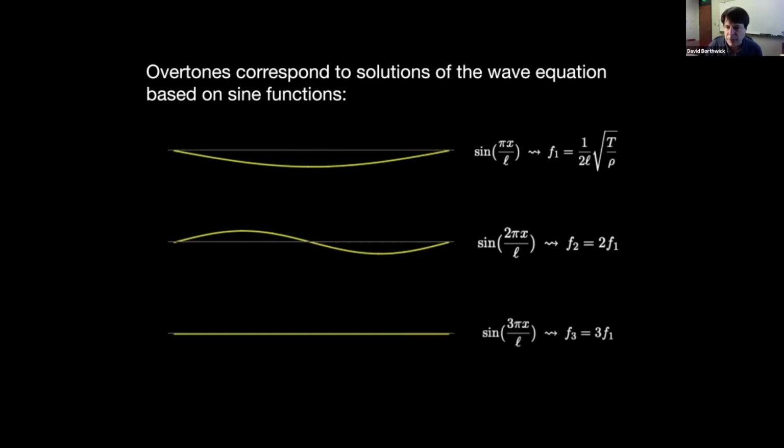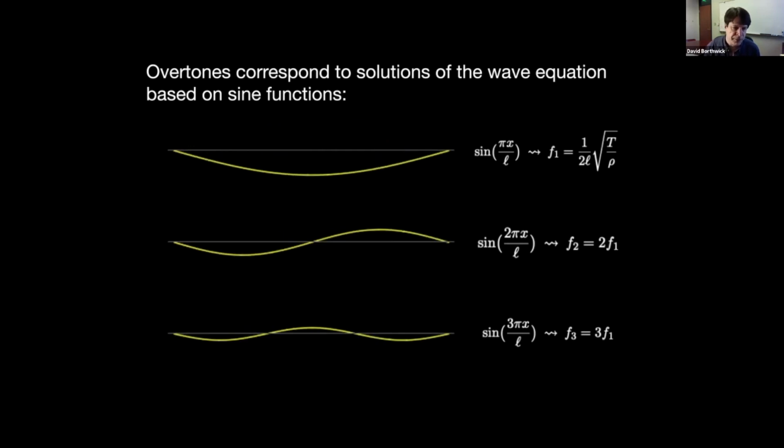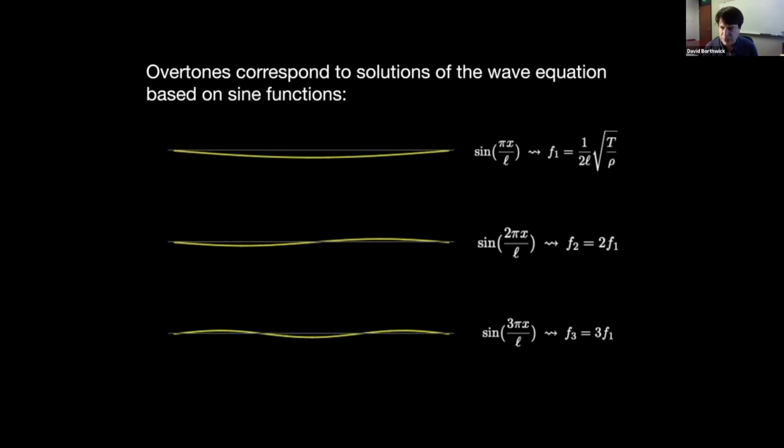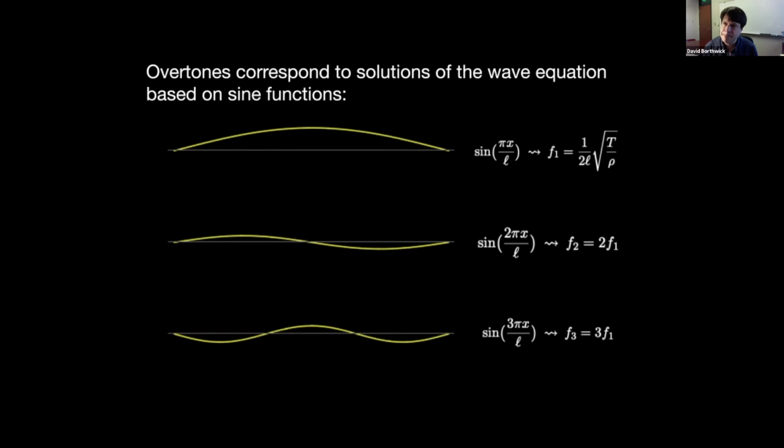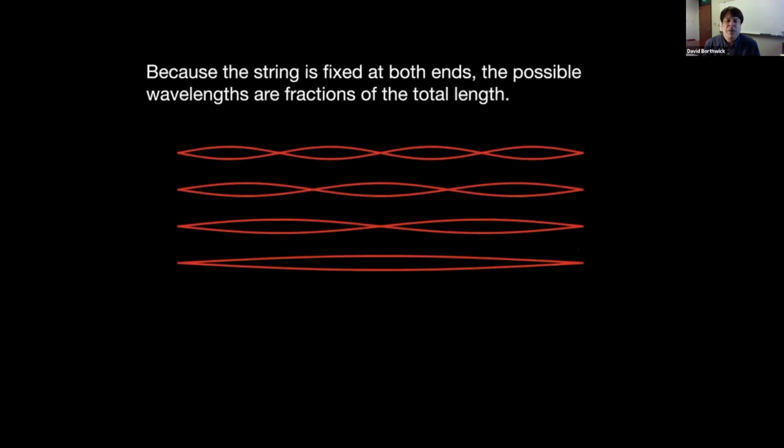So if you go up to a third of the original wavelength, you get 3 times the original frequency. Okay, and that explains why they come in integer ratios, because the string is fixed at both ends, and so for these wave patterns to fit within a single length of string, they have to be 0 at the ends, and so you have to have a sort of integer fraction of the total length as the wavelength.